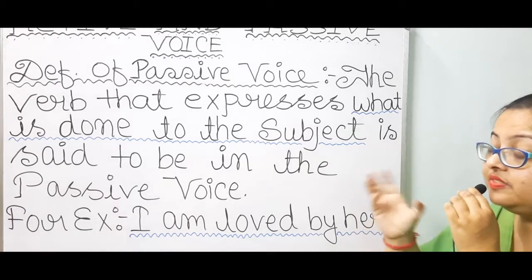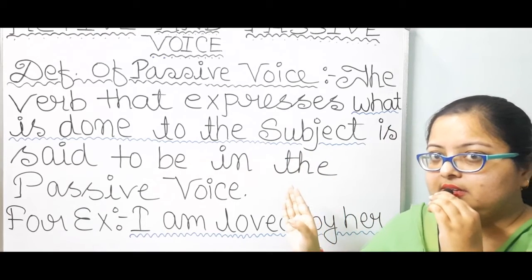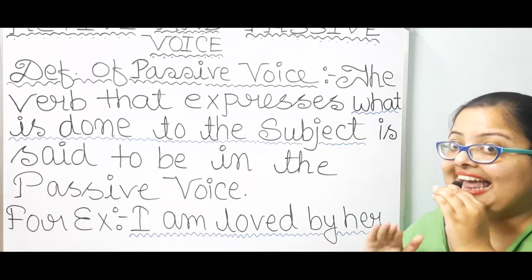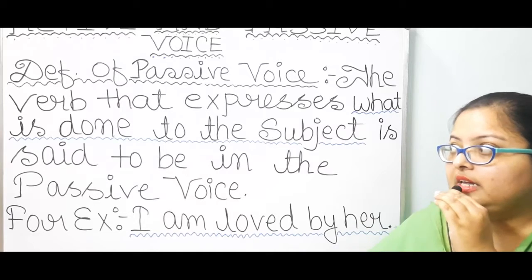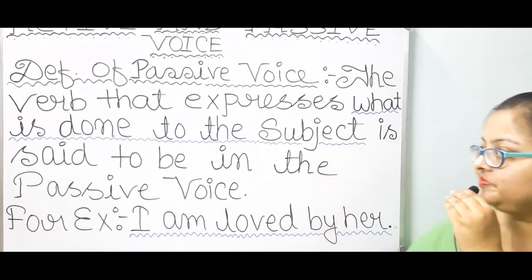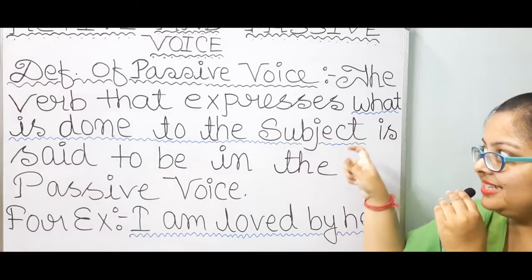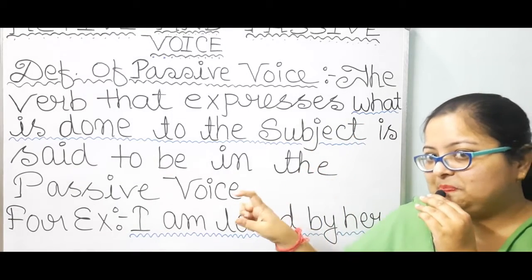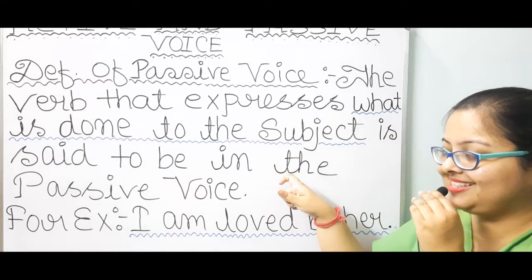Specifically, the verb shows what is done to the subject. An activity is being done to the subject. When a verb expresses this, it is said to be in the passive voice.